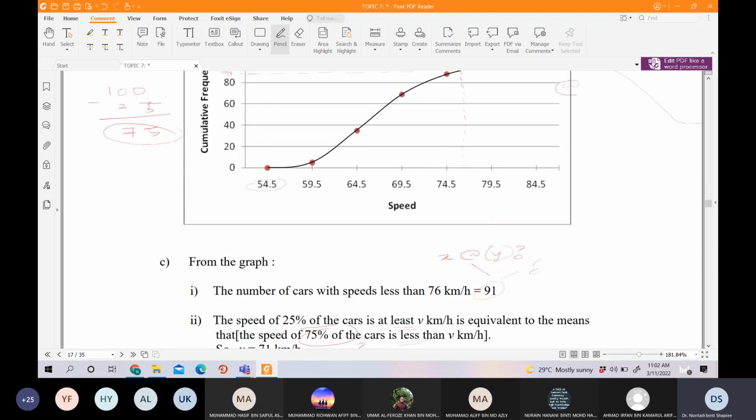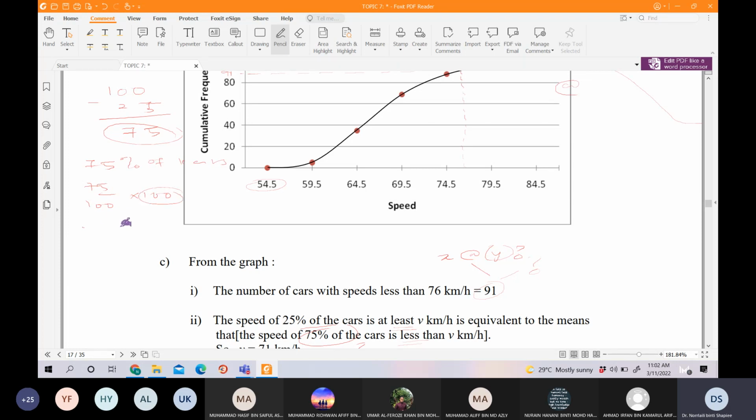Since you already know the total of the cars, what does 75% of the cars mean? 75 over 100 multiplied by 100. Why multiply by 100? Because the total of the cars is equal to 100.